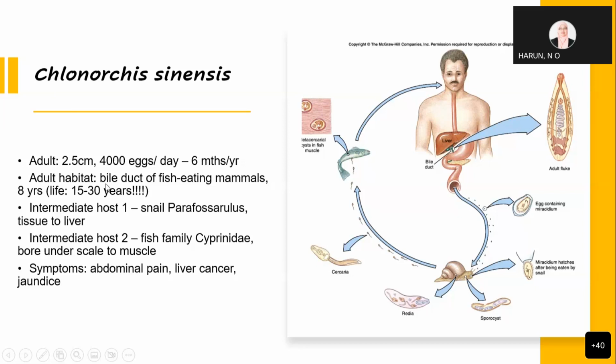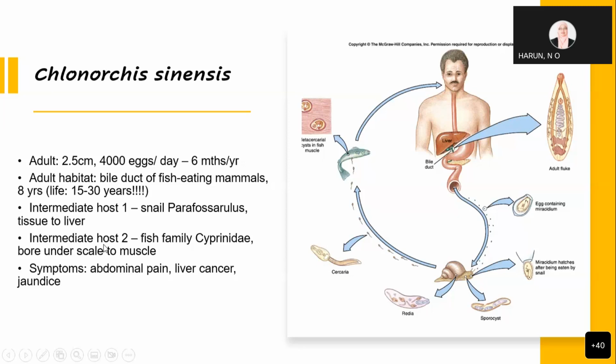Adult habitat, bulk diet of fish-eating mammals. Its life span is between 15 to 30 years. Intermediate host one is the snail Parafossarulus, in the tissue to the liver. So it will migrate; first at the tissue, then they start to burrow and migrate to the liver.